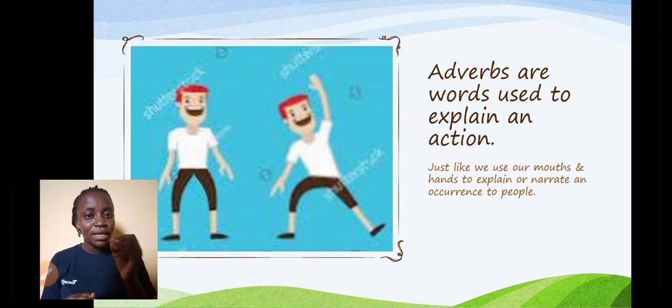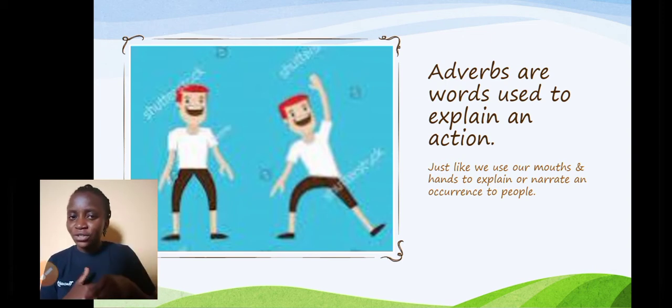Talk is the verb, is the action. That's what I am doing. While slowly explains how I am talking. Can you see the correlation? Slowly explains how I am talking. That's why slowly is the adverb describing the verb, explaining the action, talk.